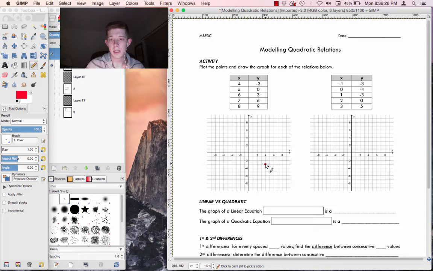The next point that we have is 5 on the x-axis and 0 on the y-axis, which means I don't move up or down at all. So that's this point right here. The next one would be 6, 3, so I go over 6 on the x-axis and up 3, 1, 2, 3.